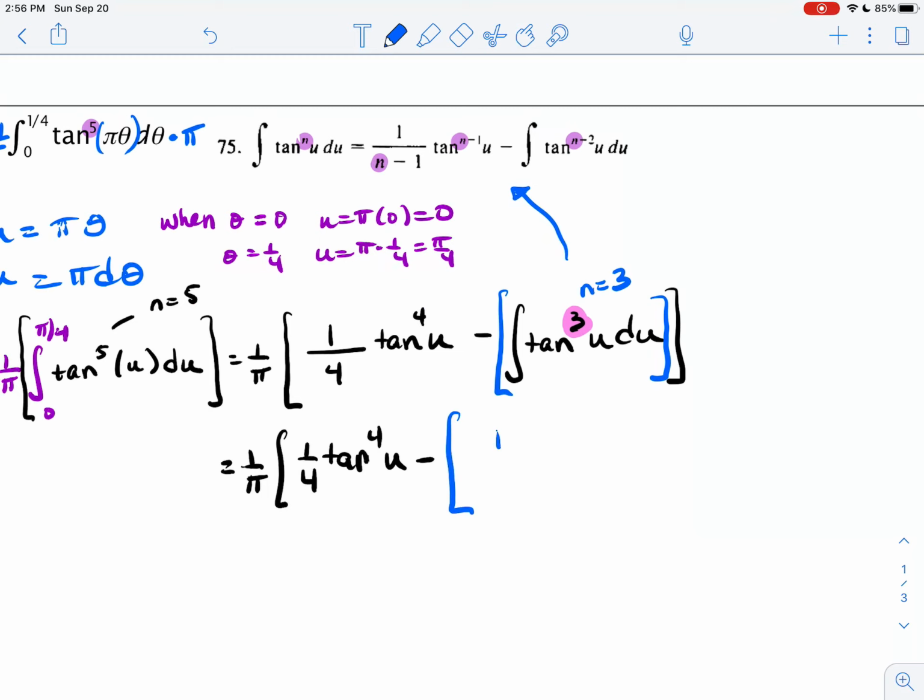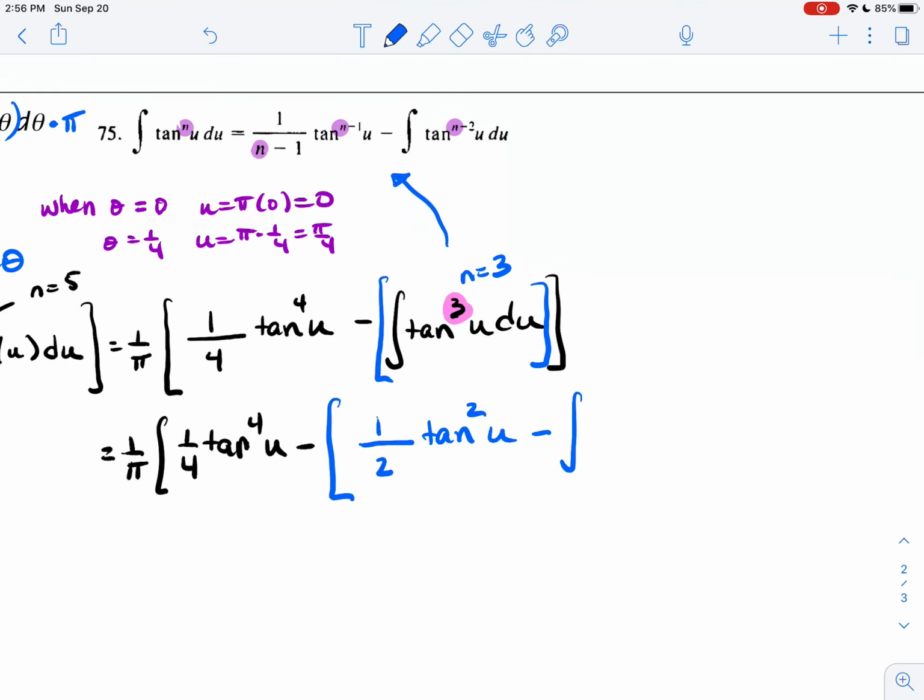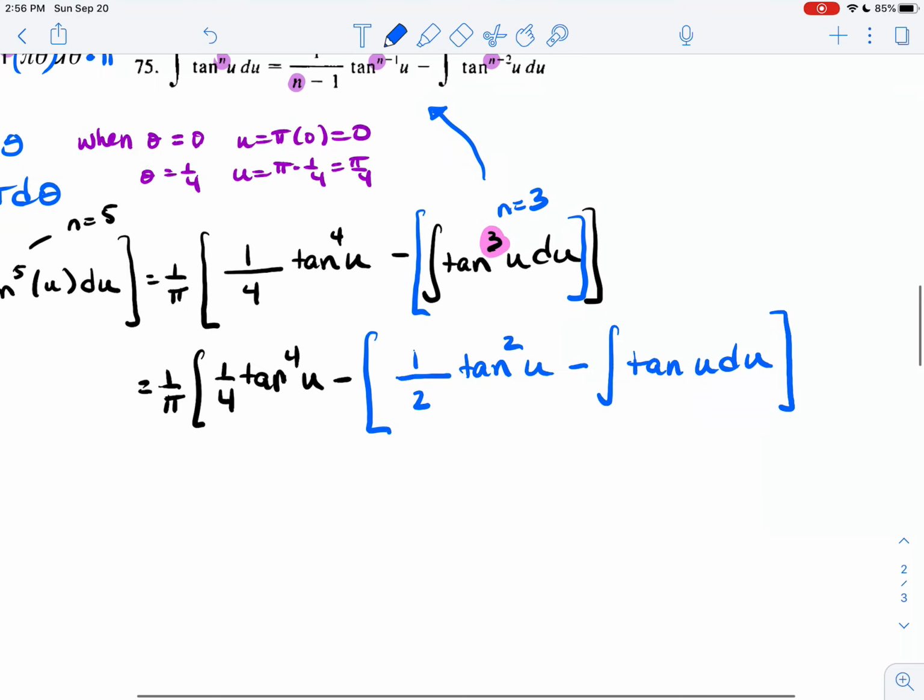And now my n is equal to 3, and I'm still using that formula on the other side. So I get 1 over 3 minus 1, and 3 minus 1 is 2. And I have tangent of 3 minus 1 is 2u. And I have minus the integral of tangent to the 3 minus 2, which is 1. And so that is just tangent of u du.